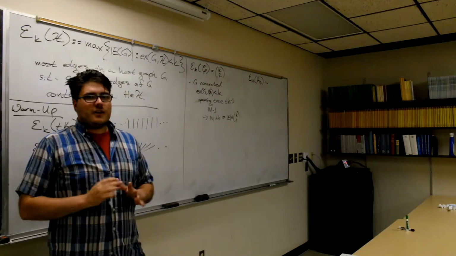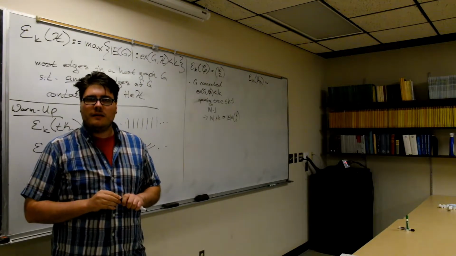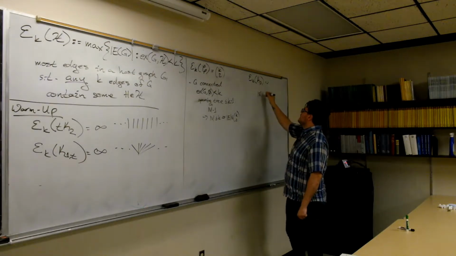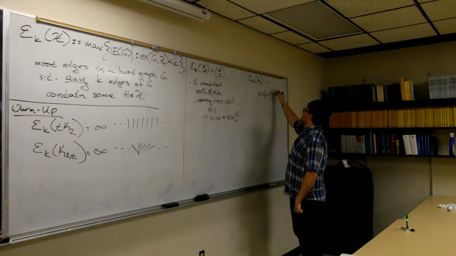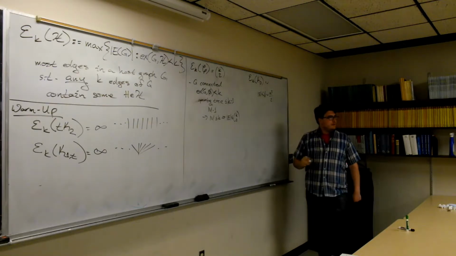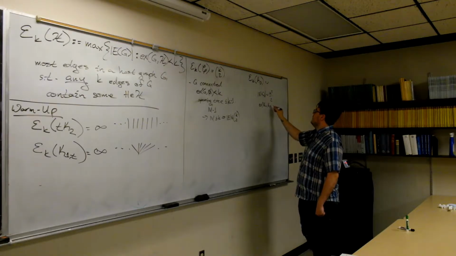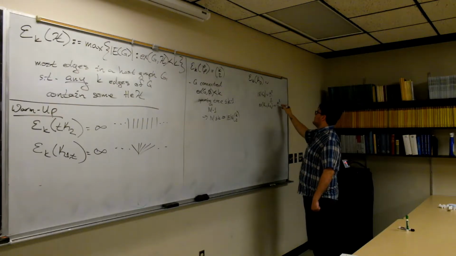Well, we have an easy construction, right? If I give you a clique, the number of edges of Kn is roughly n squared over 2. And the extremal number in Kn of a triangle is going to be n squared over 4.